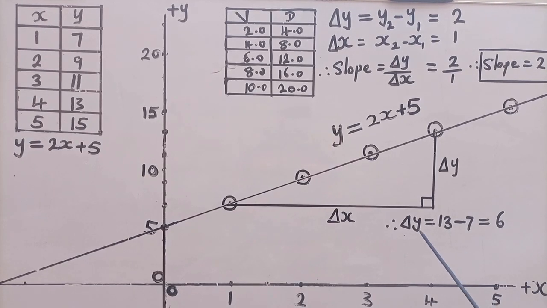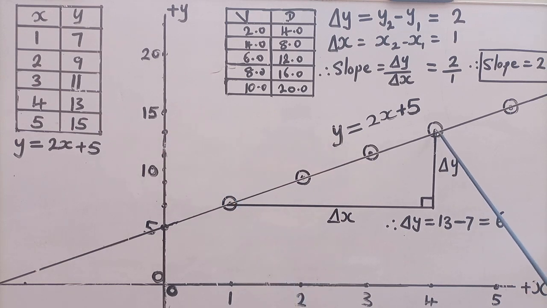Now, watch that this change in y is equal to 13 minus 7. This y2 is 13. See the y2 here. Don't forget that when we were plotting this on the plane, this place corresponded to 13.